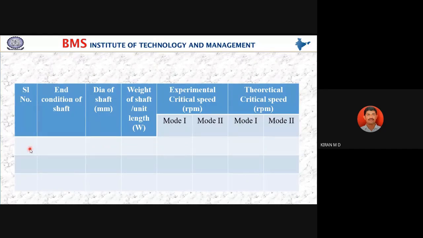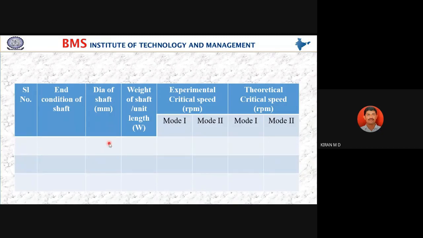One is serial number, end condition of the shaft. Here we can use the different conditions. One is both fixed, then fixed and free, then free and free, then one is free and another one is the fixed.